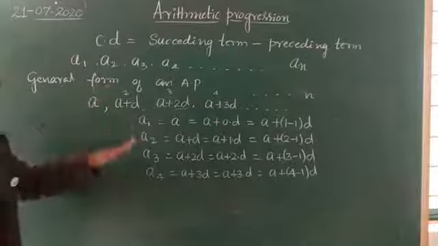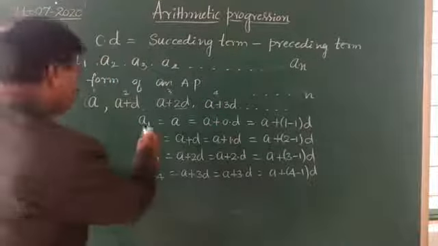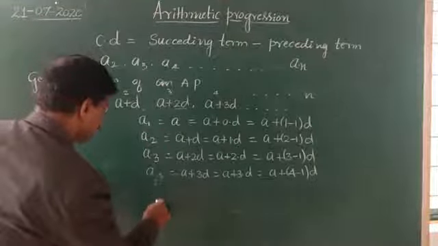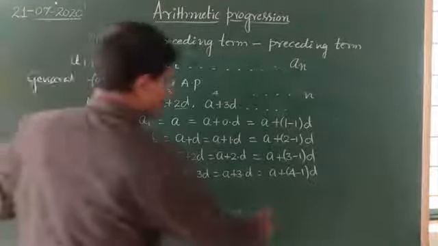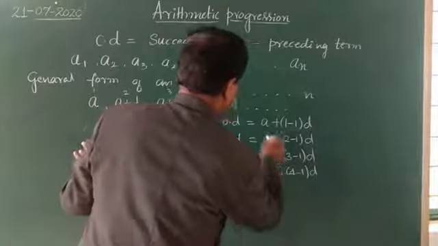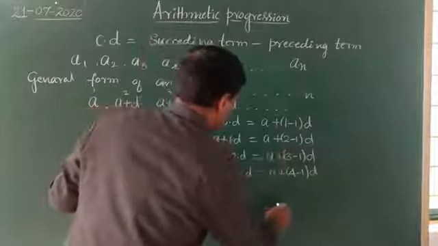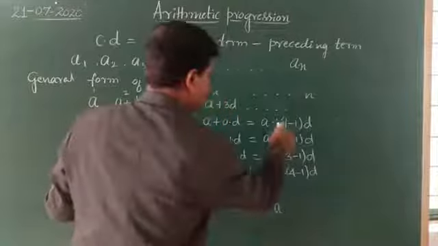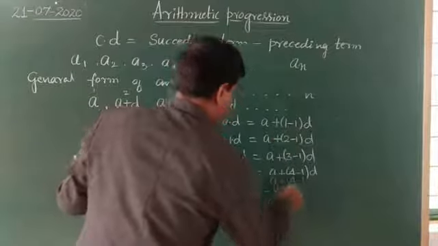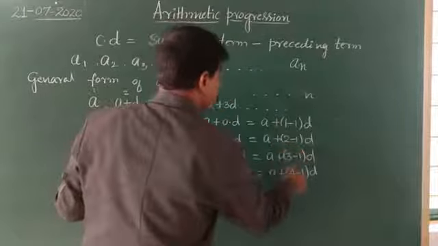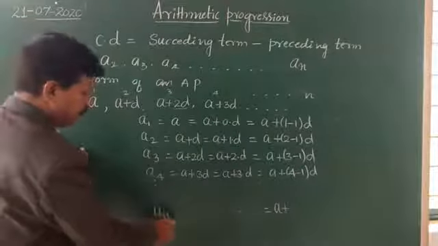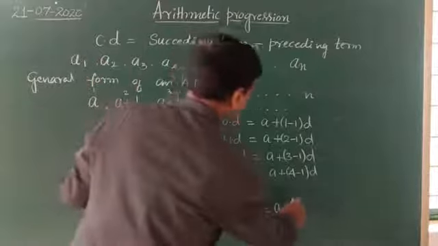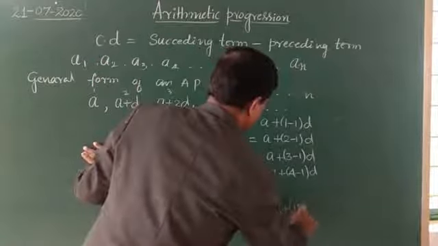Are you following? So like this, if you are extending this, etc., AN. So here also I am writing this as, look at this, A is common, plus is common, and here 1, 2, 3, 4, etc., n times. So here also we can write this as n.